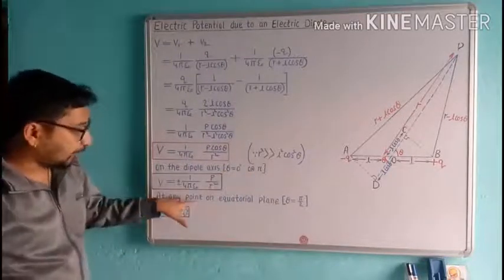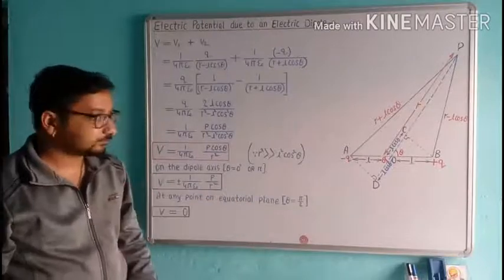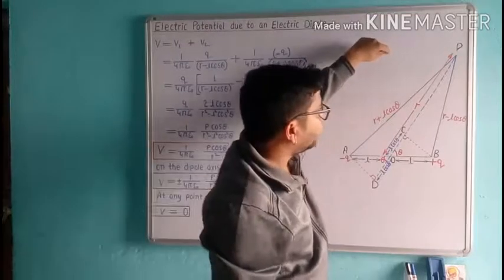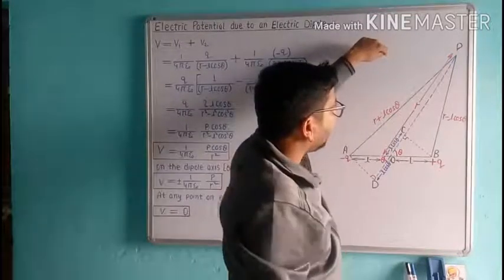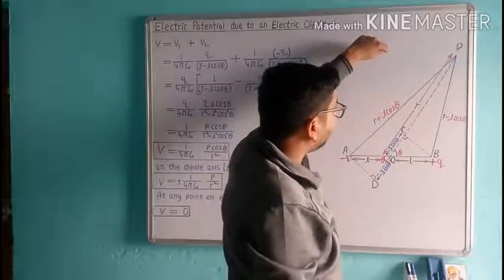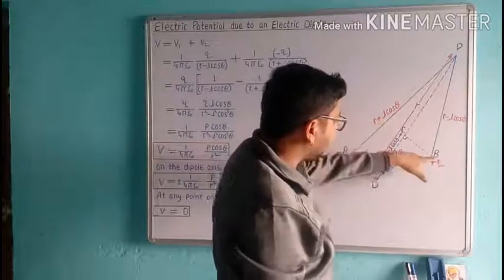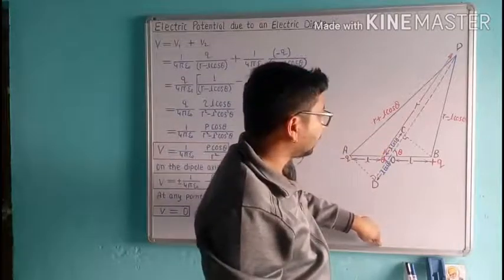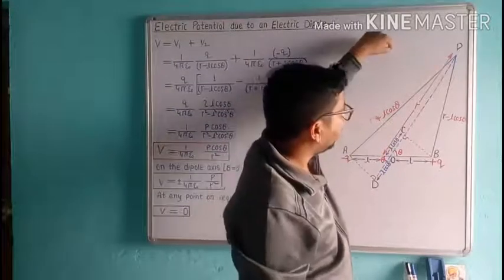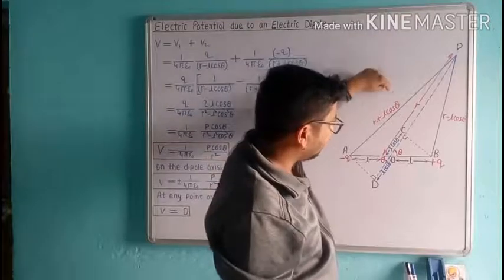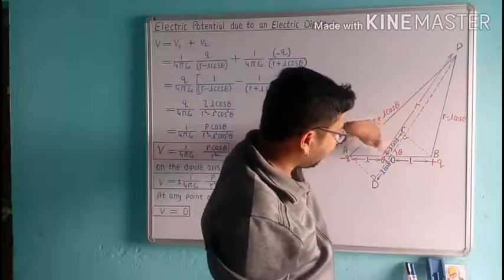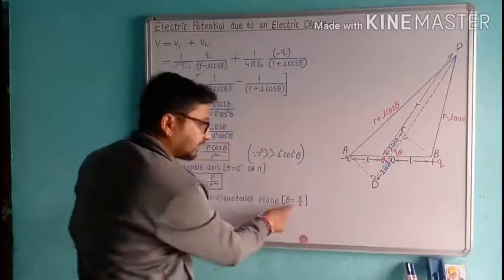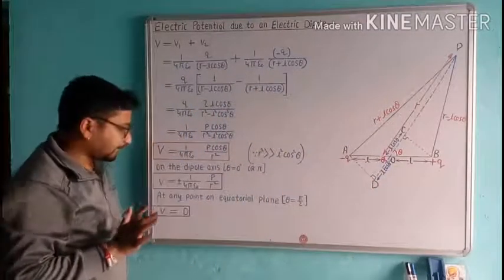Now at any point on the equatorial plane: if point P lies on the line which is normal to the axis of the dipole and passing through the center of the dipole, that means theta is equal to 90 degrees.